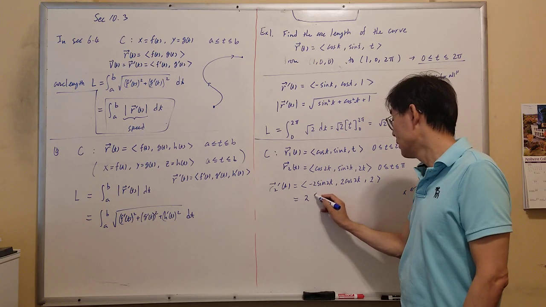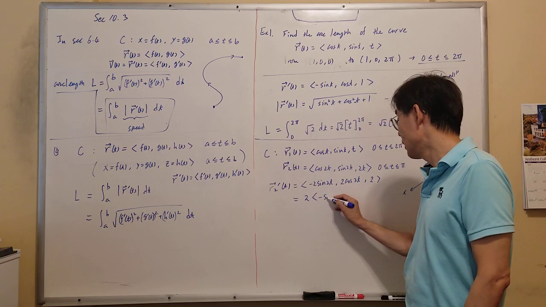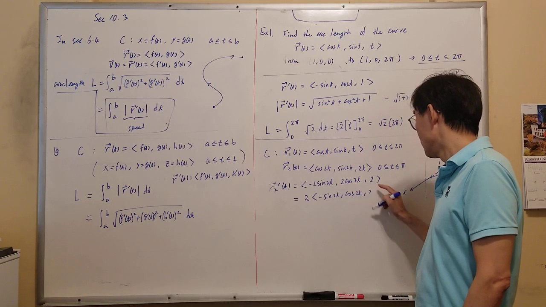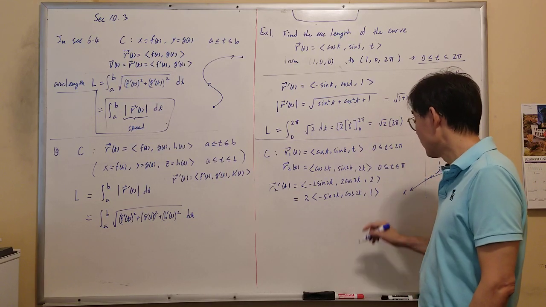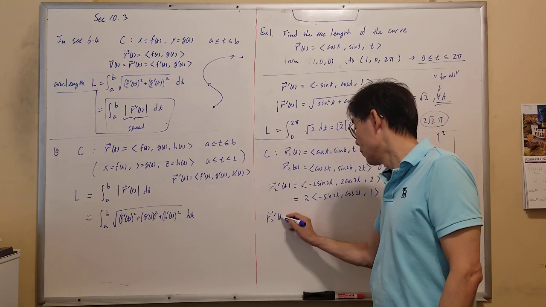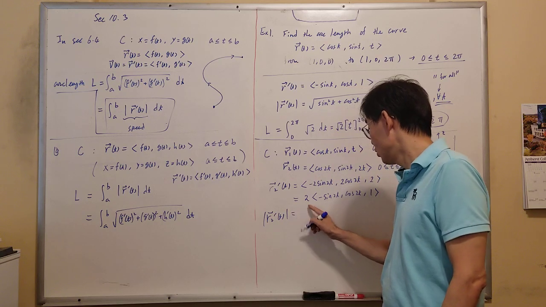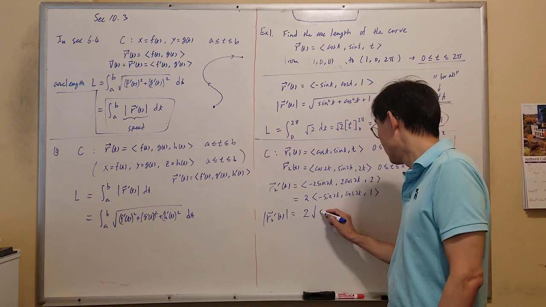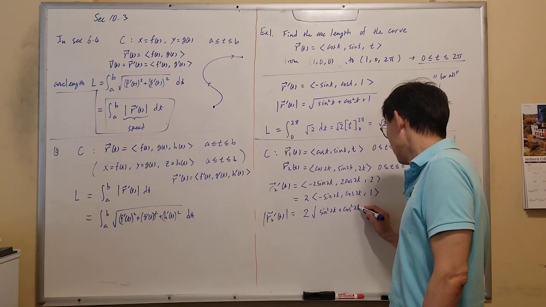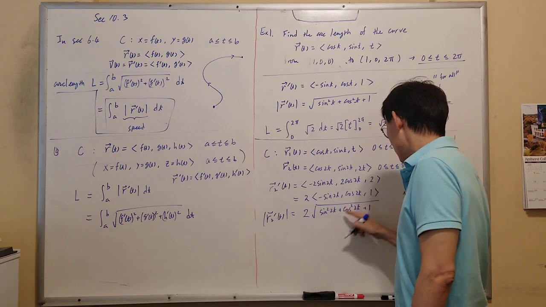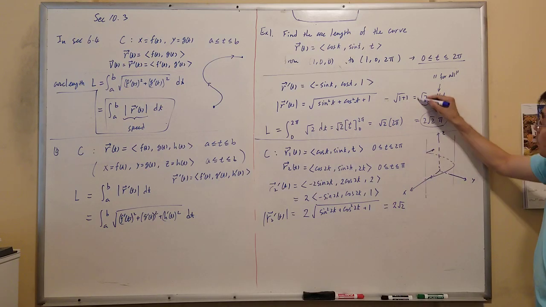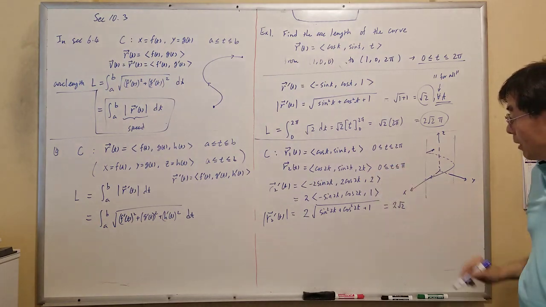Yes, as we expected, this is exactly 2 times (minus sine 2t, cosine 2t, 1). The magnitude of this, the speed function, is 2 times the square root of sine squared 2t plus cosine squared 2t plus 1 squared, which is 1 plus 1, 2, so 2 square root of 2. Twice as fast, as I explained.